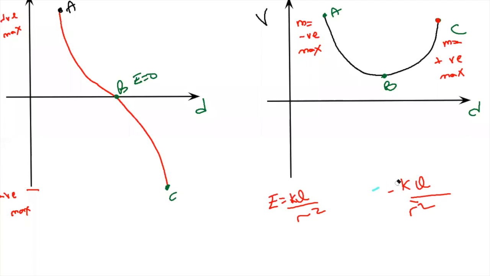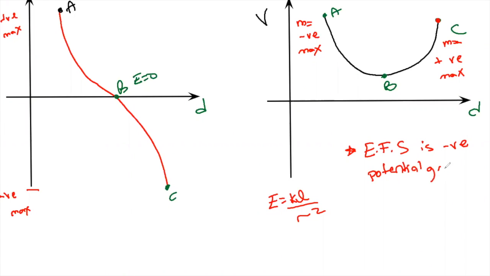Let me erase this and let me write it in a better way. So EFS, electric field strength, is minus VE, potential gradient. So M is the potential gradient. Why potential gradient? Because this is the potential graph, and we call this gradient the potential gradient.